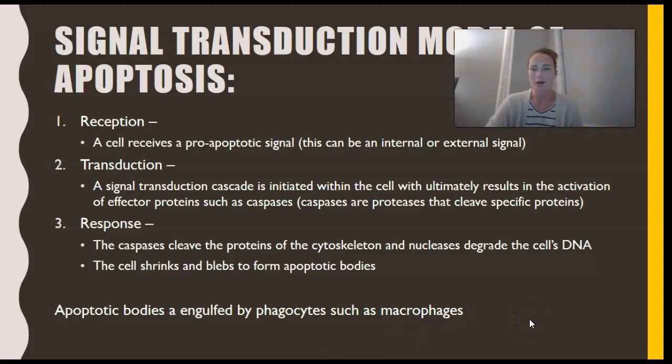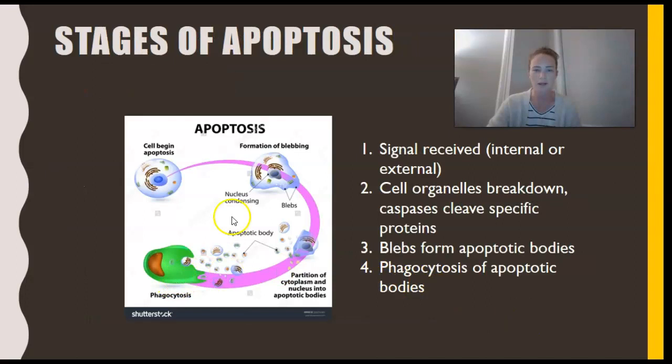Okay, so we've kind of got an idea of the stages that are involved for apoptosis. So where a signal would be received, which is transduced through the cell and results in organelle breakdown and blebbing, and then apoptotic bodies are produced as a response.